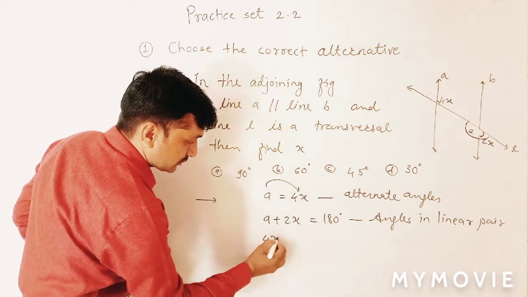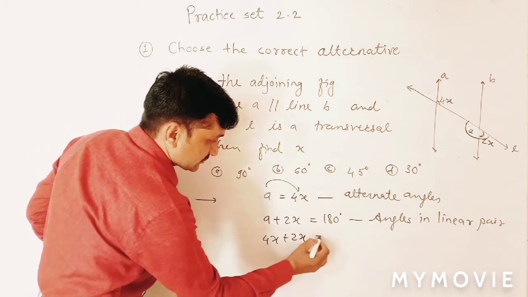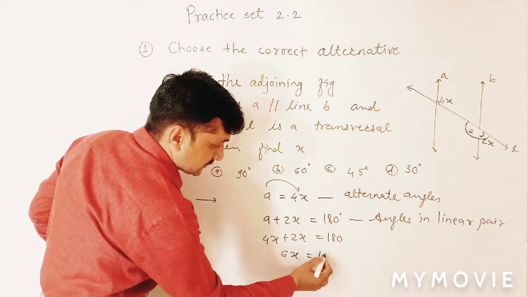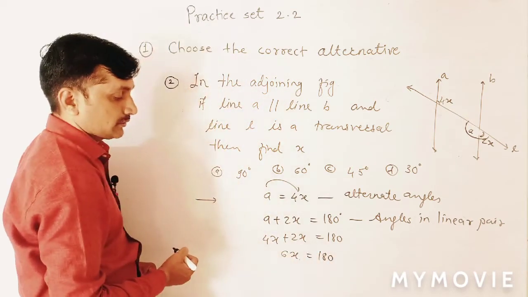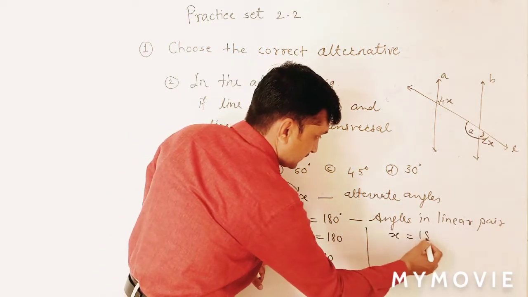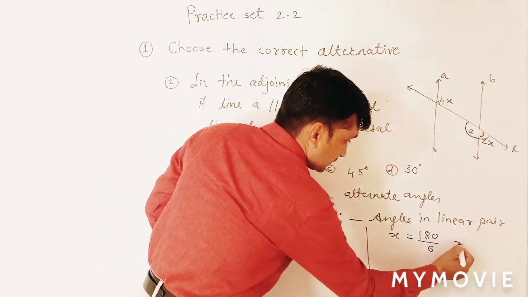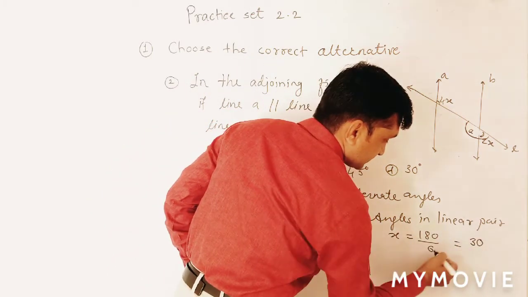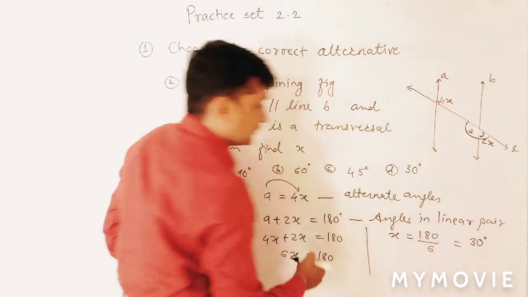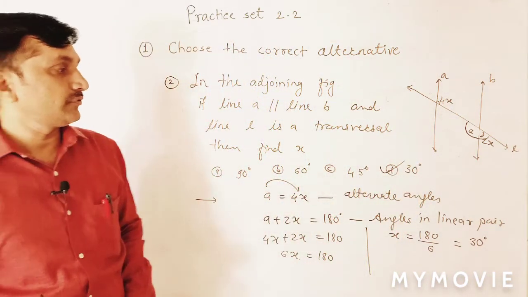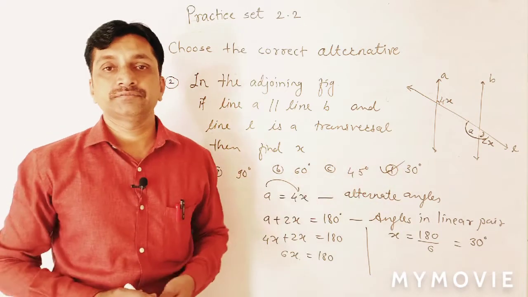If we put here 4x plus 2x is equal to 180, 6x is equal to 180. Now by solving we get x is equal to 180 upon 6, 6 3s are 18, so 30 degrees. Now see 30 degrees here, option D. The value of x is 30 degrees.